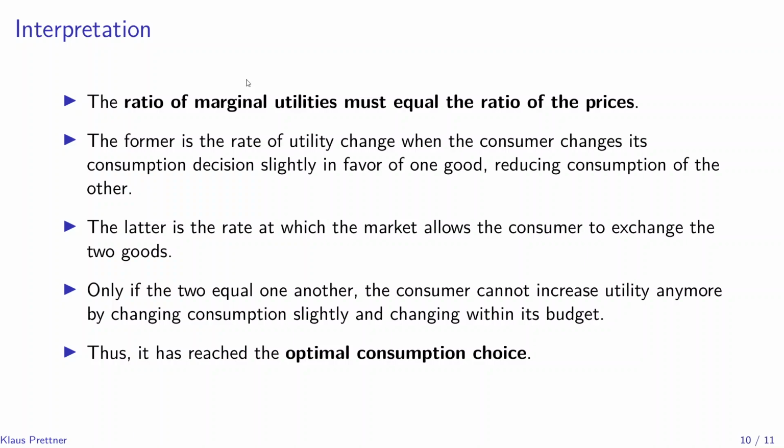And if this is ruled out, then this is exactly the point at which the price ratio is equal to the marginal utility ratio, because at that point we cannot increase our utility anymore by changing our consumption choice of the two goods and still spend our whole budget.